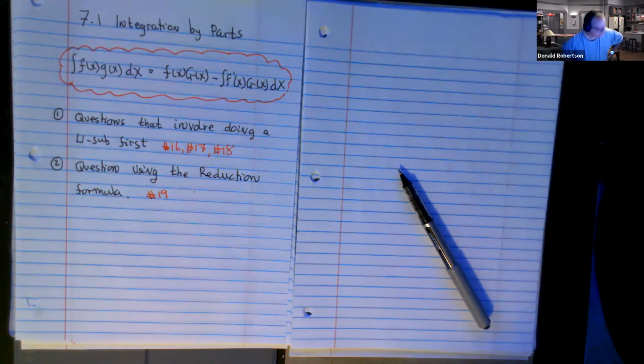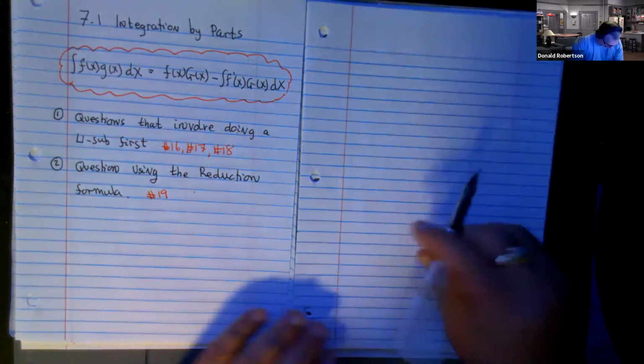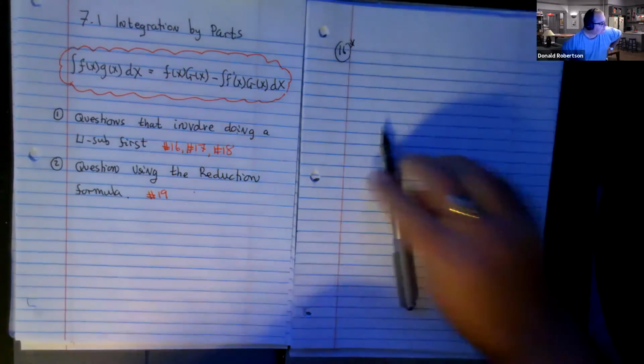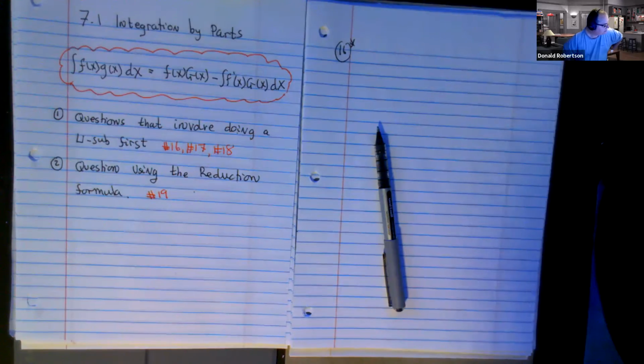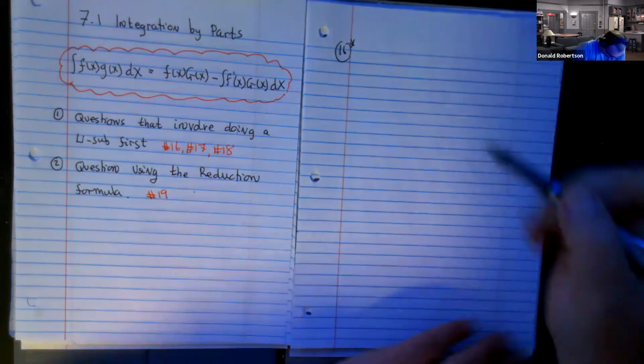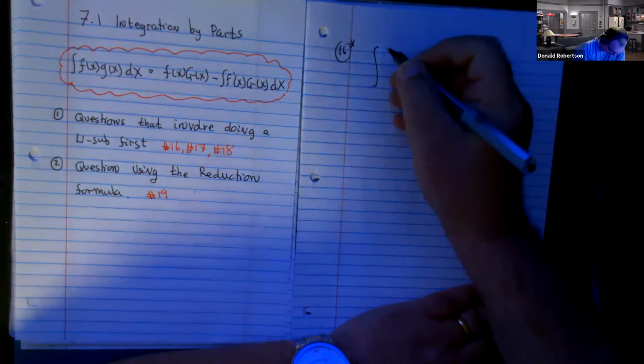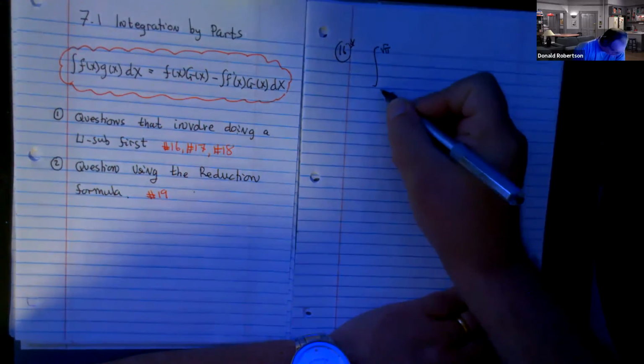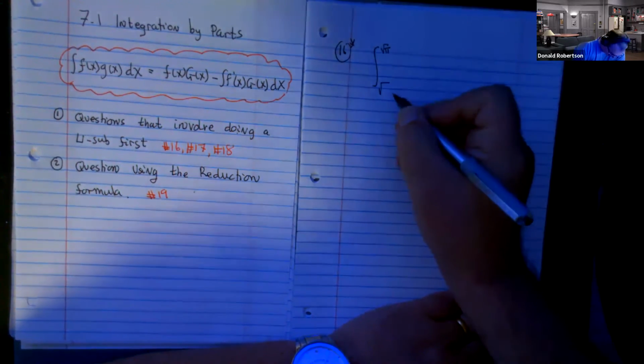Okay, so let's jump into question 16. It has limits of integration. So it has the square root of pi to the square root of pi over 2.